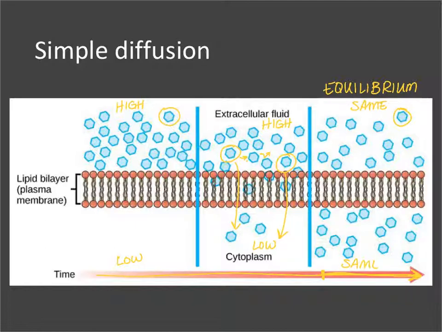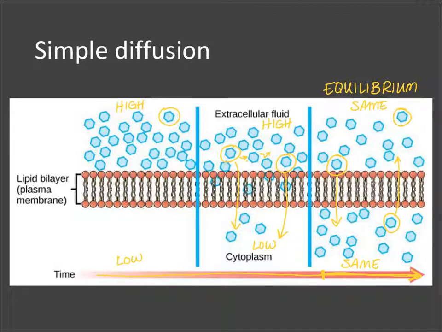And so those molecules are going to kind of stop moving across the cell membrane. Now, they're not going to stop completely, but we're going to end up with a one-for-one exchange, meaning that for each one of these molecules that moves across the cell membrane in one direction, a molecule is going to move in the other direction as well.